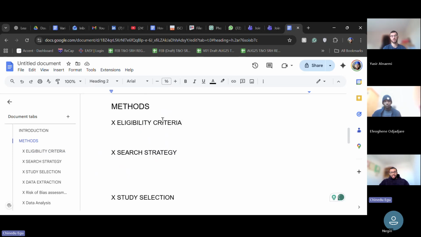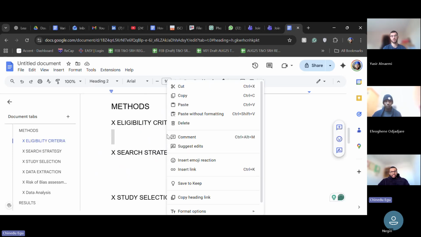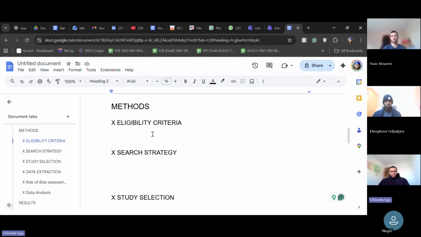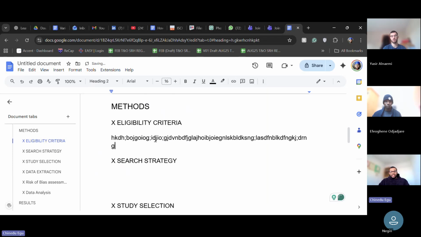And the nice thing about this is, for example, let's say you've written something and you want to put a reference. I just put ref, or if it's by Yasser et al., you write Yasser et al., and then you highlight Yasser et al. and include a comment.